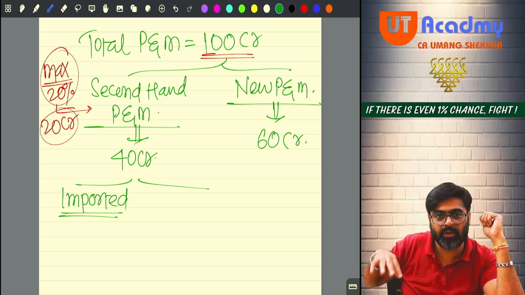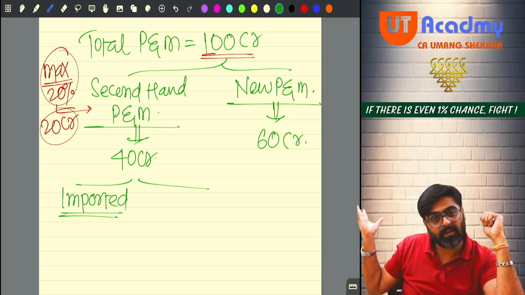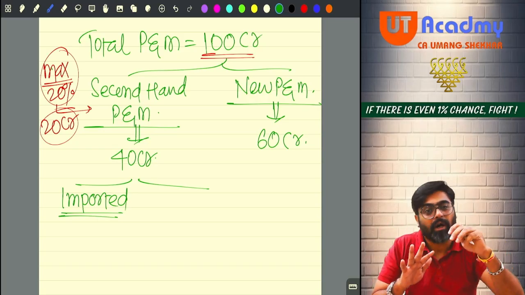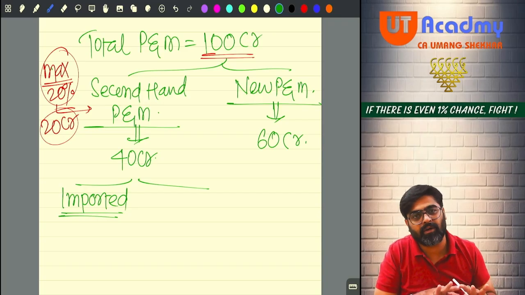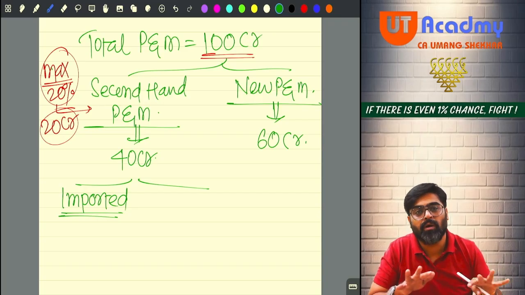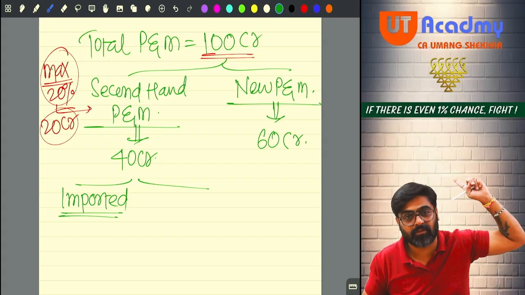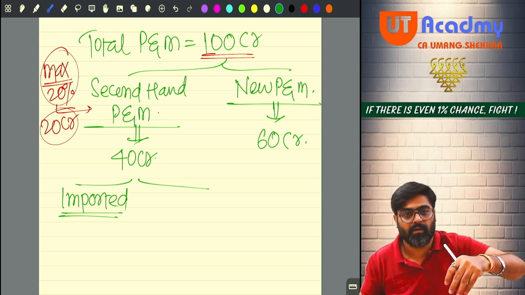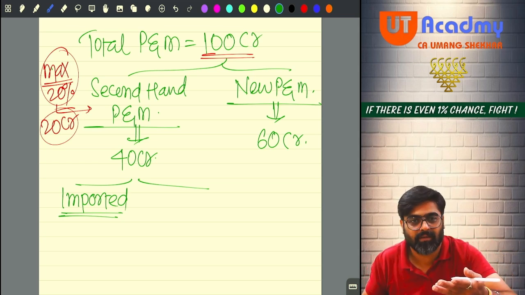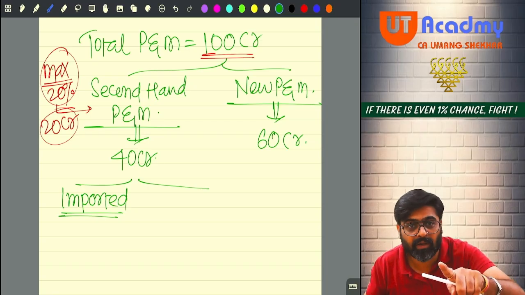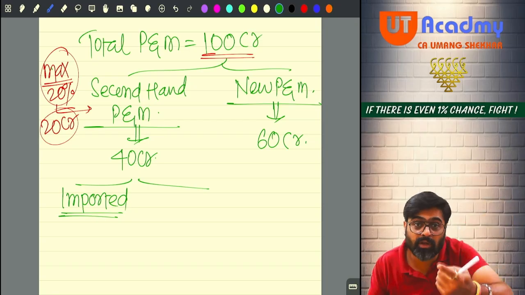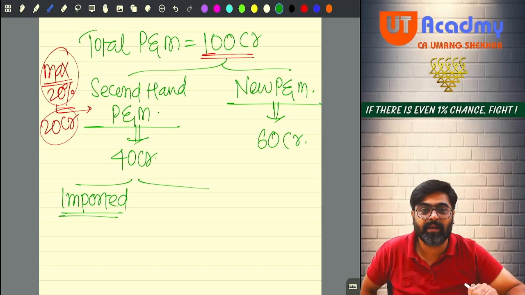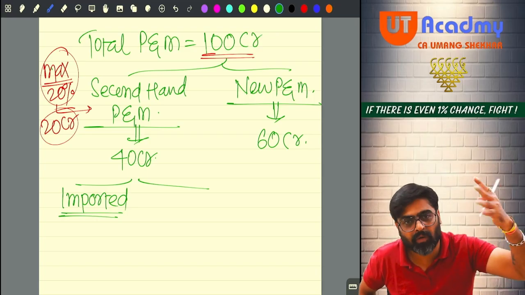Mr. X was already using some plant and machinery. Under the Income Tax Act 1961, no deduction was allowed for that plant and machinery to Mr. X, and he is outside India. If you are purchasing from Mr. X, this is second hand only. It was earlier used by some other person, and now you are using it. It is second hand, but is it imported? Is it coming from outside India? Yes or no?